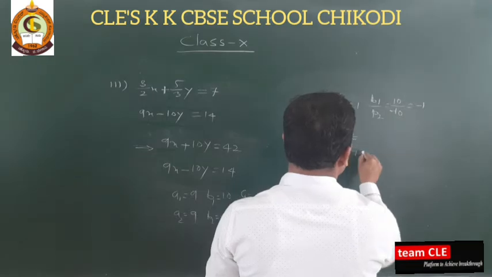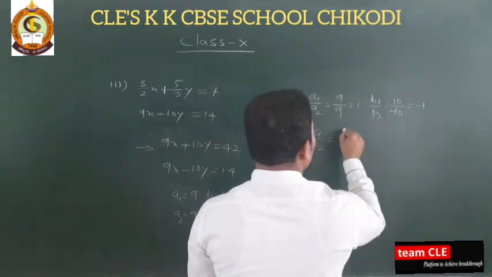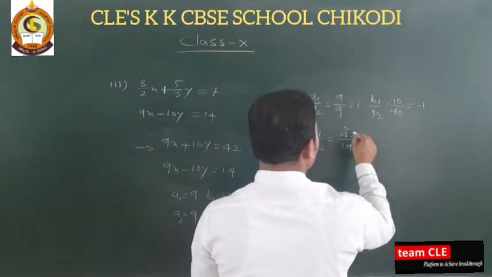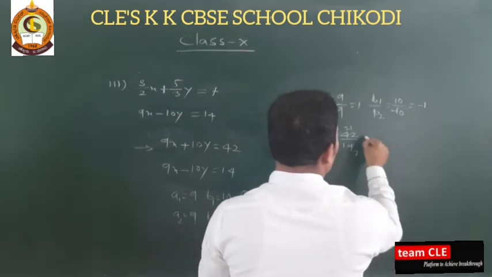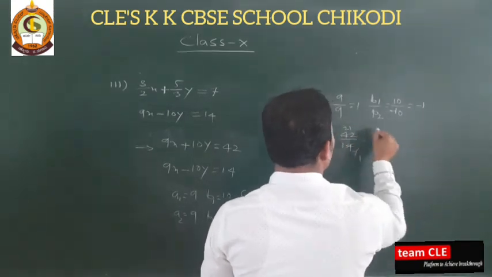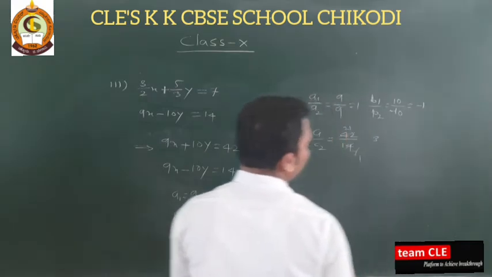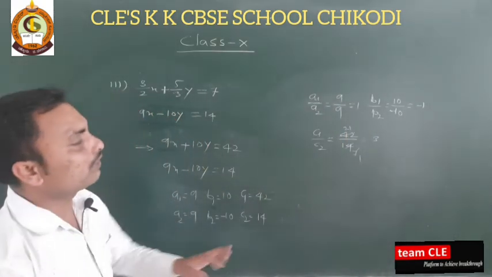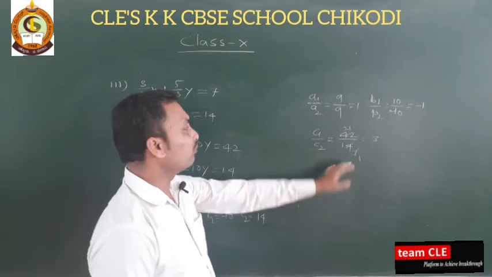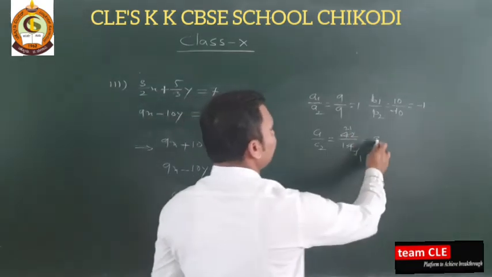So 2 sevens are 14, 7 ones are 7, 7 threes are 21, so we will get 3. 14 ones are 14, 14 threes are 42, so we have 3.